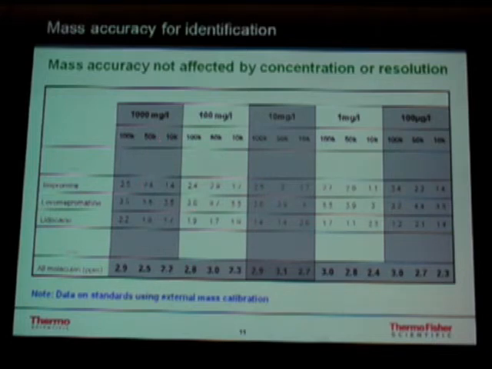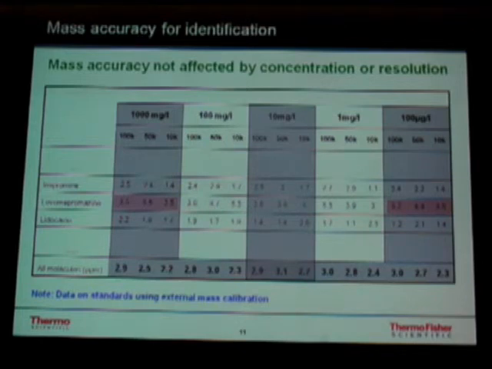So for example, if you take levomepromazine, you can see the mass accuracy is around 3.5 here at 1,000 micrograms per liter, and at 100 micrograms per liter, it's still around the same. It is more or less the same at all the resolutions. So the Exactive, which is based on Orbitrap, you could run it at any resolution and your mass accuracy is not going to be affected.